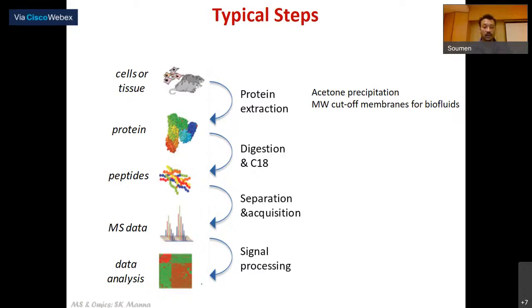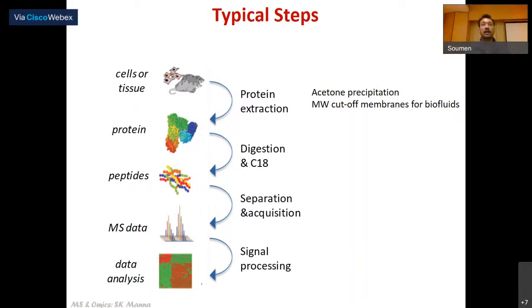However, it is readily attachable to LC-ESI, and ESI is probably the technique which has taken over, particularly for whole proteome global analysis, the discovery platform.